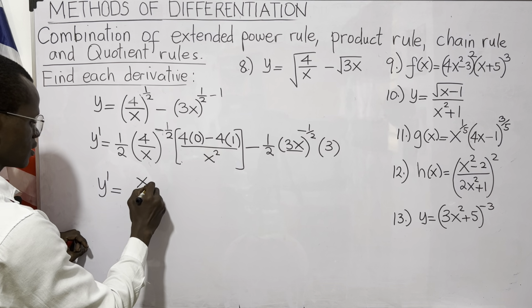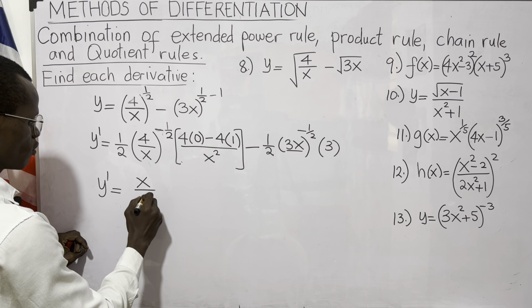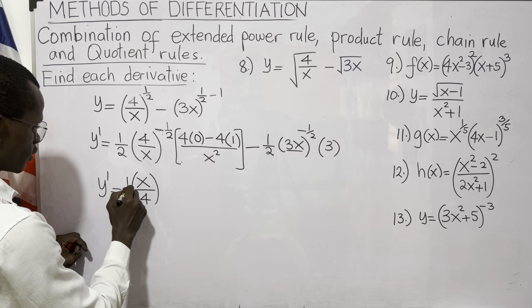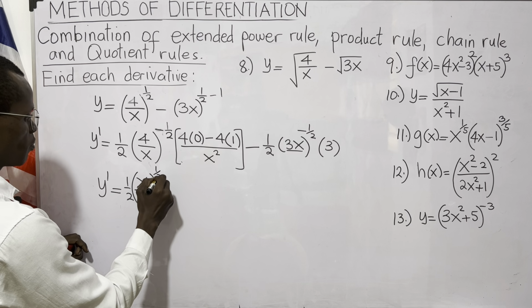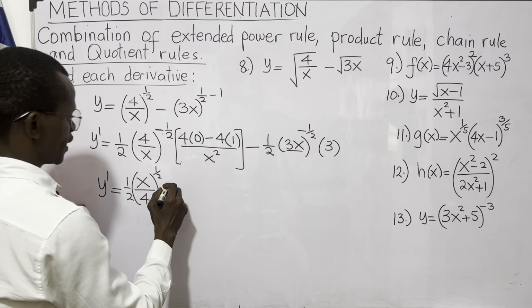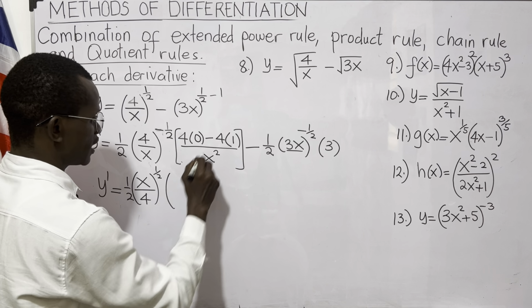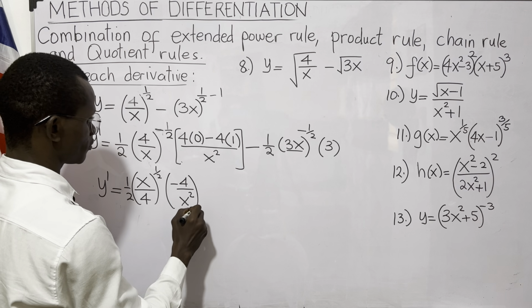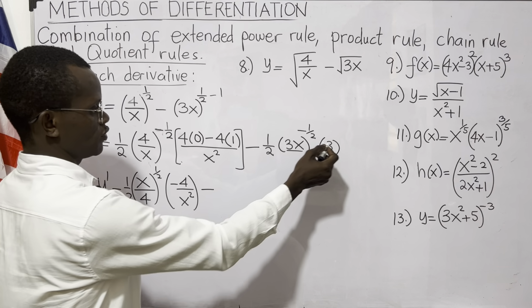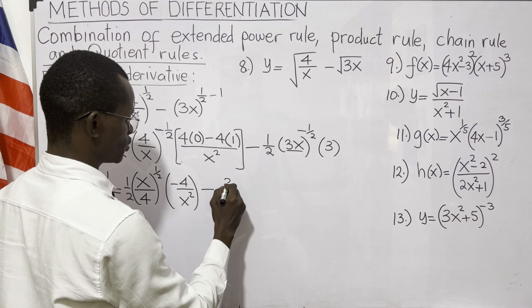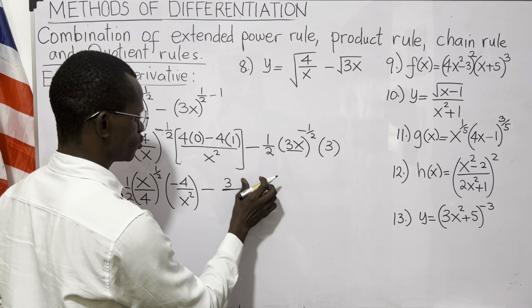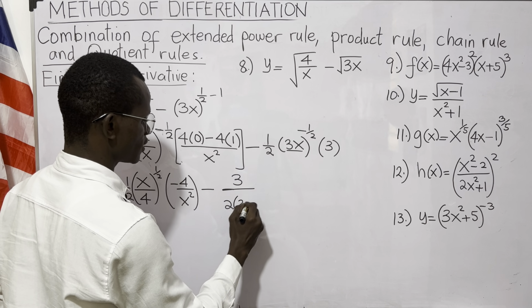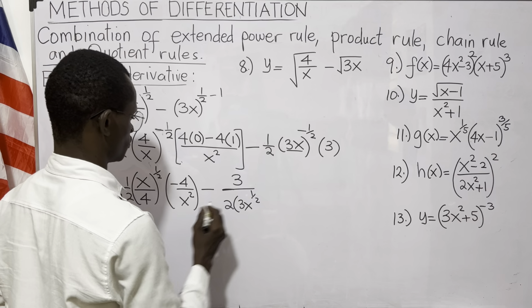So it's x over 4. This 2 is still downward, 1 over 2, raised to the power positive half, right? And then this is 0. So this now becomes minus 4 over x squared. Minus 3 times 1. So it's 3 over 2. And then this 3x raised to the power positive 1 over 2.